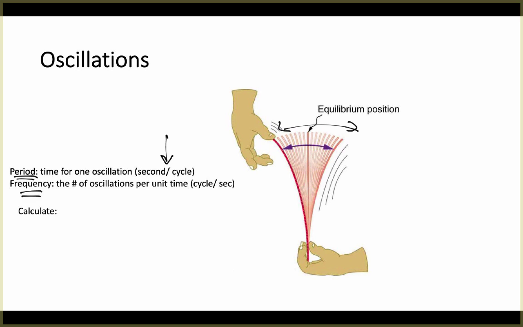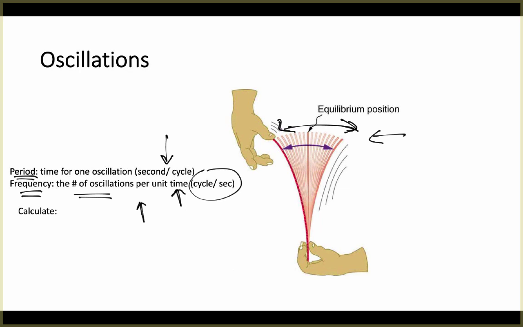A period is the amount of time it takes for one of these cycles to happen, and the frequency is how many of these back and forth oscillations we get in a certain time. So we're talking about how many cycles we're getting per second. Period: how long does it take to go back and forth once. Frequency: if we have a second, how many times can that happen?